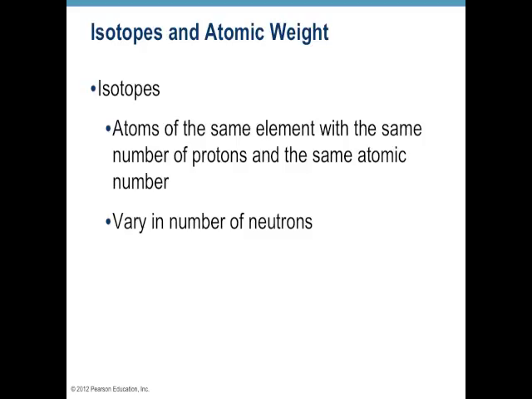That means they may either have more or less neutrons. That makes this particular element an isotope. Okay? That's an isotope. So it has the same number of protons but a different number of neutrons. That is what makes an isotope.